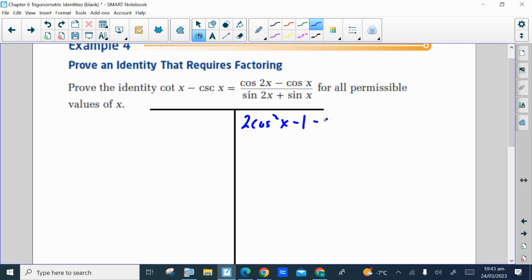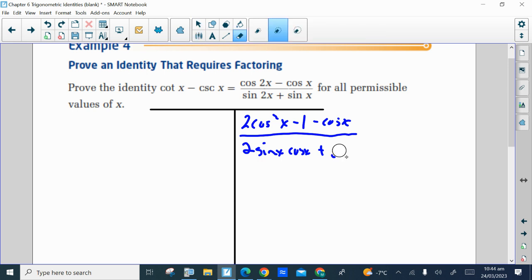And then you've got your minus cosine x, which was there already. On the bottom, we only have one option for sine 2x, and that is 2 sine x cos x. And then you have that plus sine x that was there at the start.